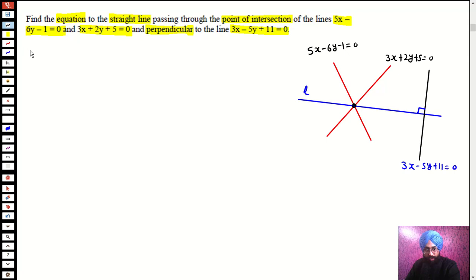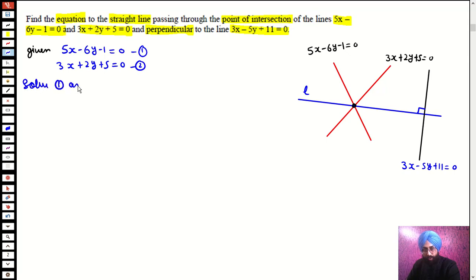So the given lines are 5x - 6y - 1 = 0 and 3x + 2y + 5 = 0. We will solve these two first, equations 1 and 2, to find the intersection point.